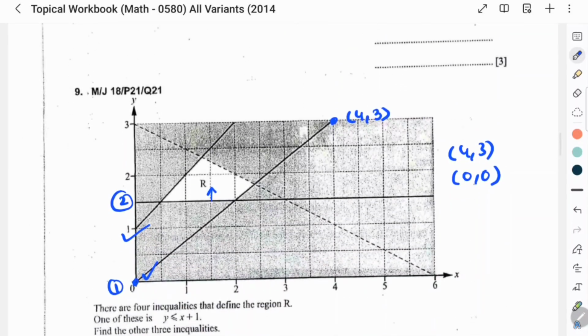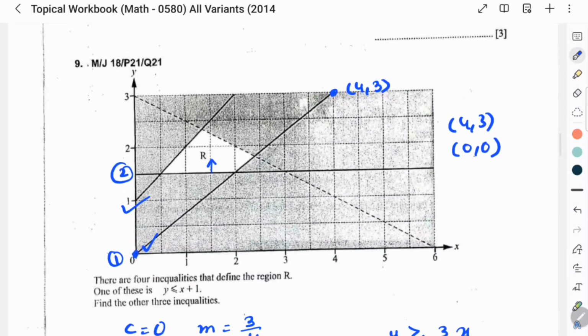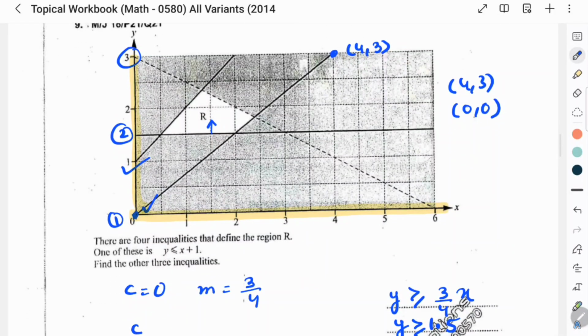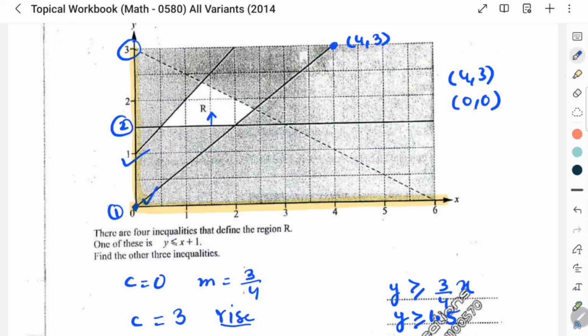Now the next line, which is a dotted line. This dotted line has y-intercept 3, and your rise over run: your rise is 3 and the run is 6, and it is from the left side, so the gradient is negative. c is here 3.